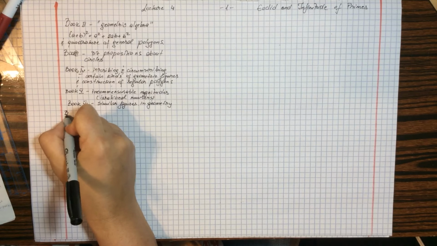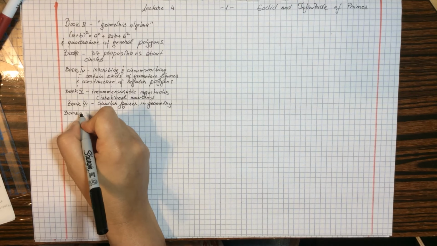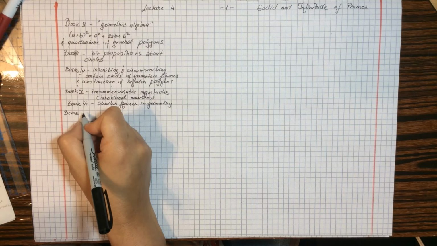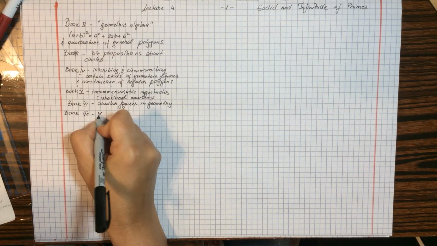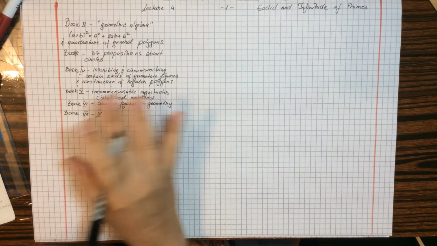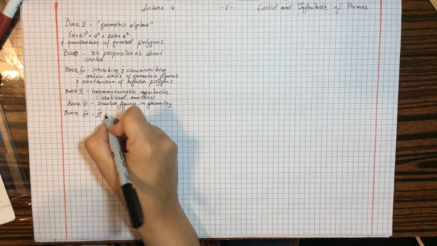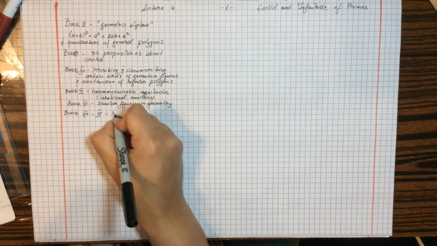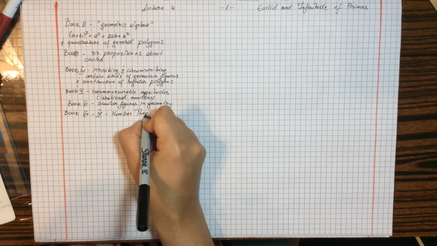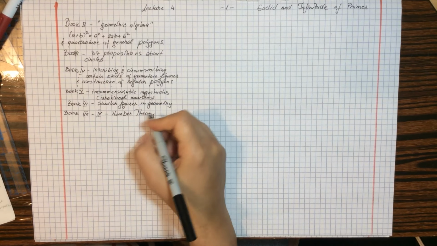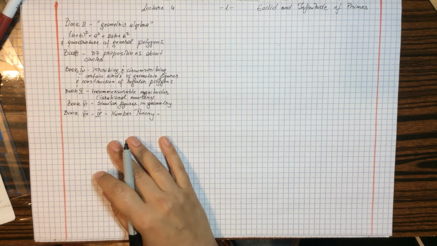Books 7 to 9 were all about number theory, and that's what we'll be talking about today. Number theory is actually the oldest significant development of the subject.